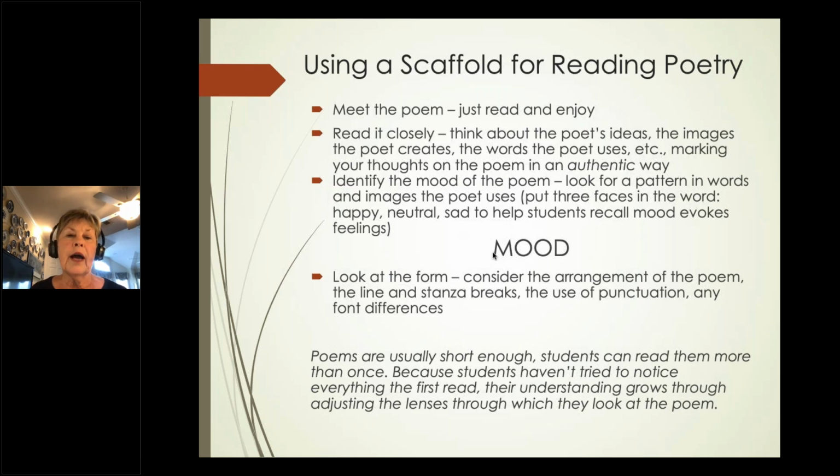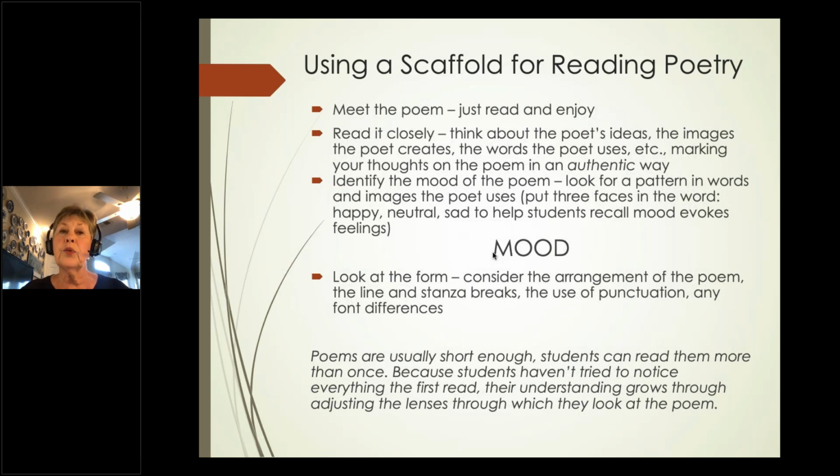We consider the arrangement of the lines and the line breaks and the stanza breaks and the punctuation and different fonts. So I know sometimes people say, well, do you really have kids read the poem 4 times? And the answer is no, they're not really reading the poem 4 times.